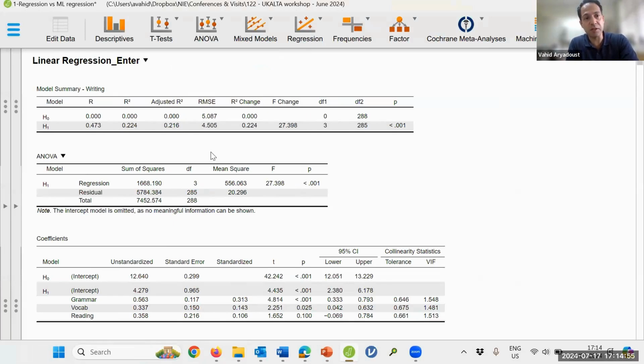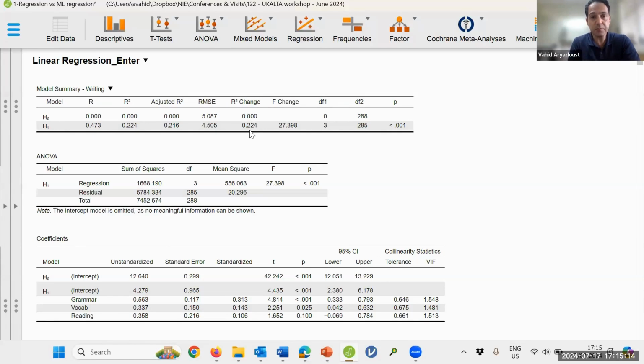you will have a lot of error in it, such that the adjusted R-squared is 0, the R-squared itself is 0, the RMSE is much larger than the RMSE of the first model that you have calculated, and the R-squared change is quite significantly high.